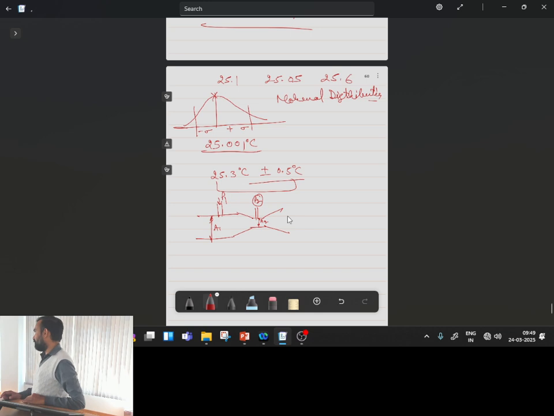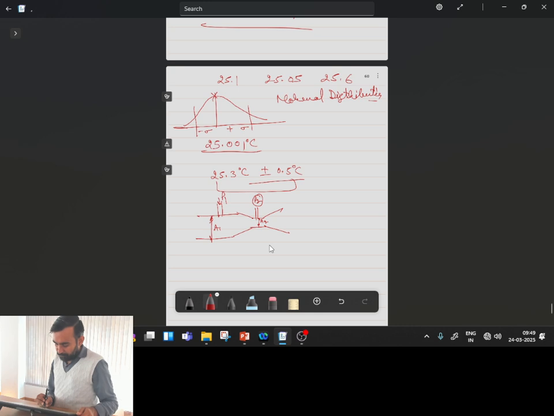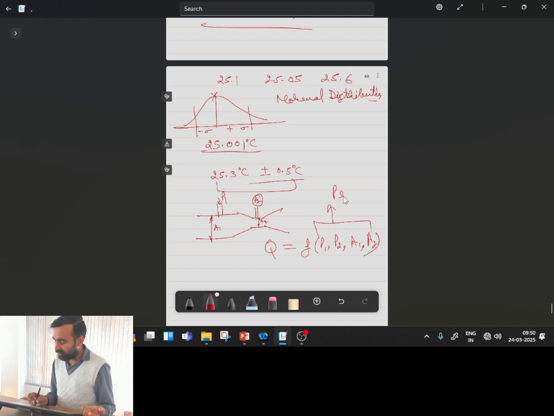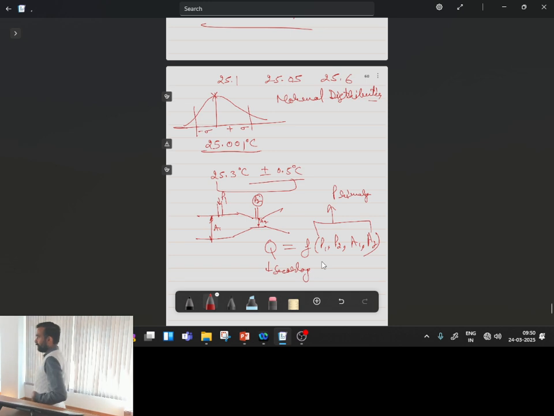Now, in these 4 measurements, if you have certain uncertainty, after that what will you be using? For measuring flow rate, you will be using a formula which is a function of P1, P2, A1, A2. These primary parameters can be called primary variables, and this will be your secondary variable, which is derived from these primary measurable quantities.